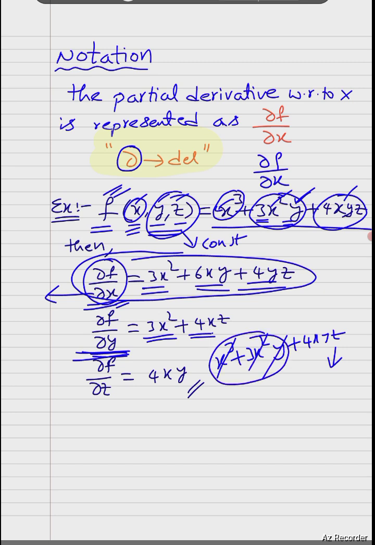So these two terms' derivatives become 0. Now what is the derivative of 4xyz? In 4xyz, 4xy are constants and the derivative of z is 1. So it becomes 4xy times 1. 4xy is the partial derivative of the given function with respect to z.